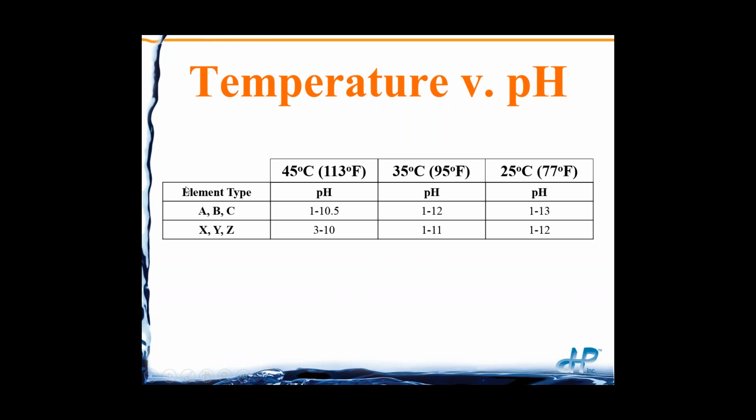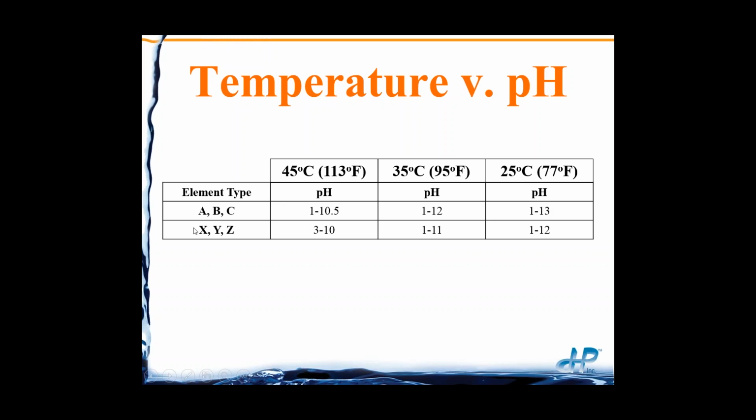So here's just an example. This is actually a Dow example where they'll tell you that there are different types of RO membrane, that if you want to go to the highest temperature, you're going to have to limit the high pH to 10.5. If you want to go to the highest pH, fine, but you're going to have to limit the cleaning solution temperature to much lower.